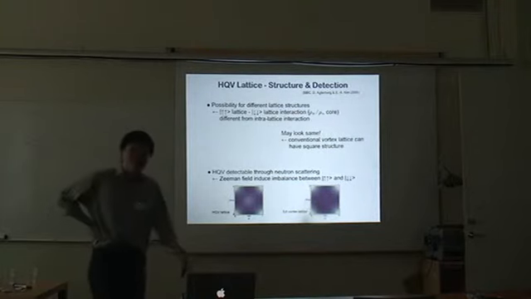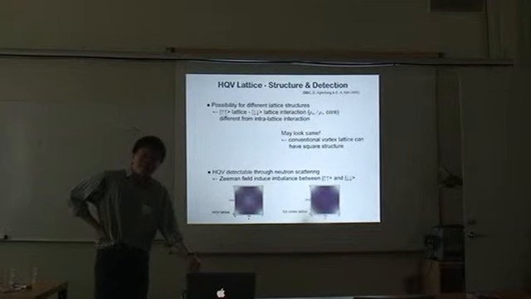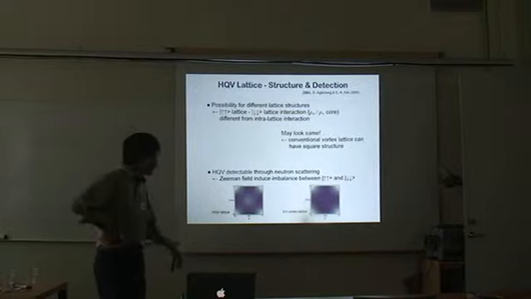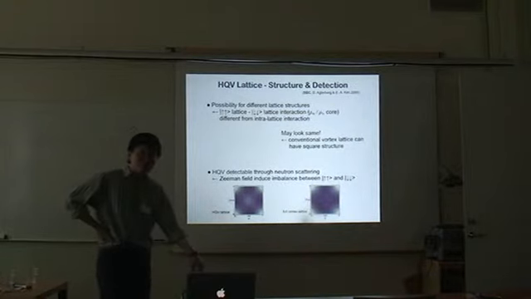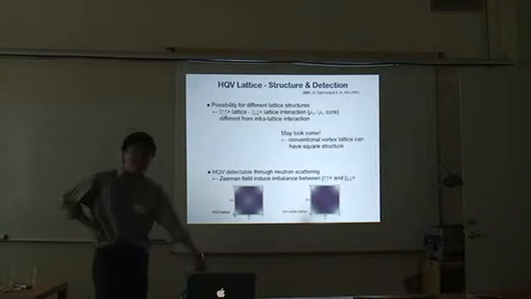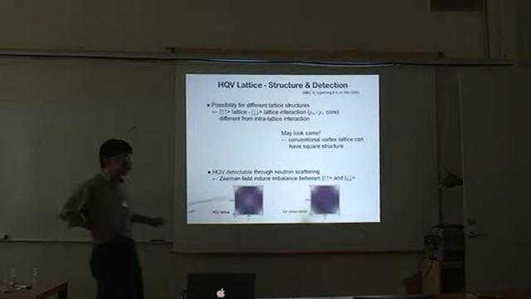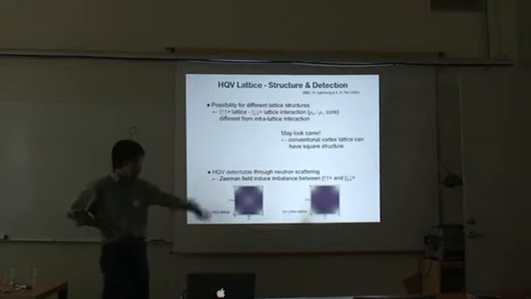Well, I think the question may be like, is there any way that what you see in half quantum vortex lattice is qualitatively different from what you see in full vortex lattice? And this kind of peak modulation is not what one would expect from full.